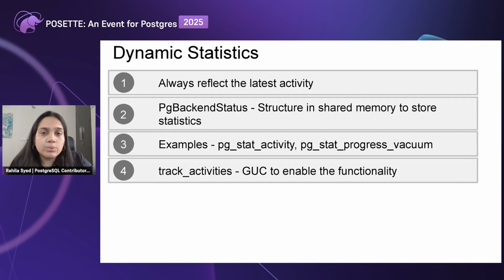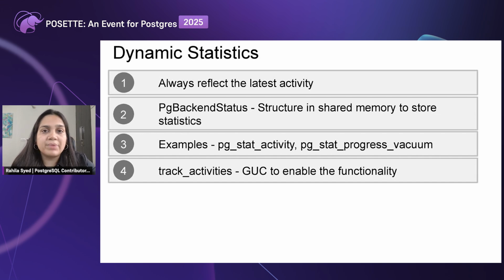Now let's look at what are dynamic statistics. Dynamic statistics are point in time statistics. They give the current real time view of what the server is doing. For instance, pg_stat_activity gives you an idea about which transaction is being run by a Postgres process or a backend. pg_stat_progress_vacuum tells you how far your vacuum has progressed.